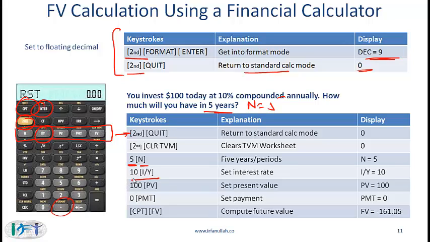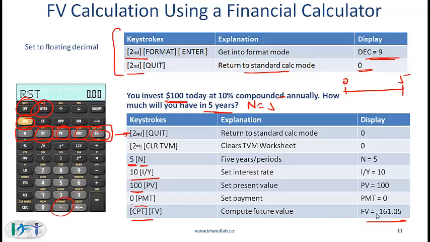Notice that here you are entering the percent, as opposed to the formula earlier where you entered a decimal. Then you enter 100 and PV. This is saying that the initial investment is 100. 0 PMT, that means that over the 5-year period, time 0 to time 5, in between you are not making any payments. So this is 0. And then you compute the future value. That will give you this number.